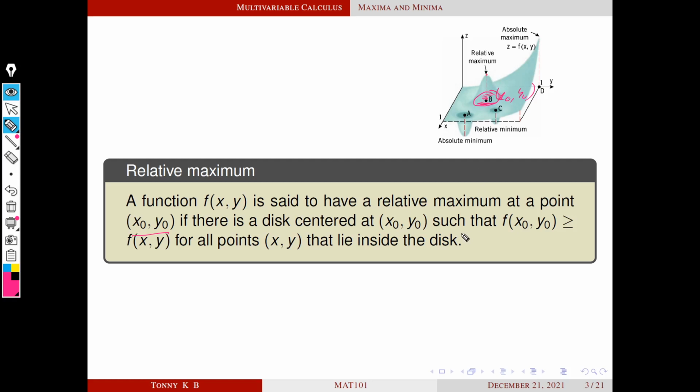That means f(x0, y0) is greater than or equal to f(x, y) for all the points (x, y) that lie inside the disk. Comparatively this value is high. That is the idea.